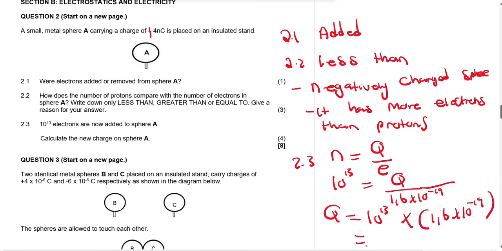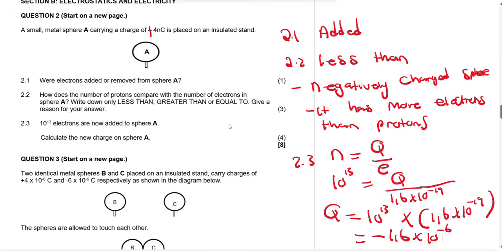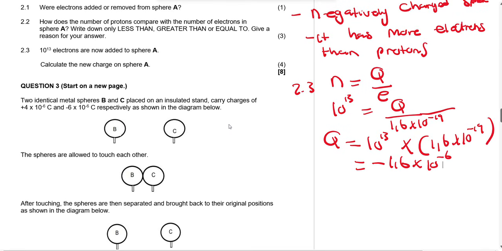You are going to get negative 1,6 multiplied by 10 to the power of minus 6. Are we done, or did we answer the question? No, this is the charge that is added actually.